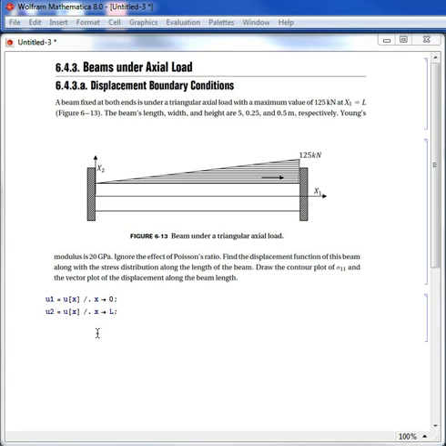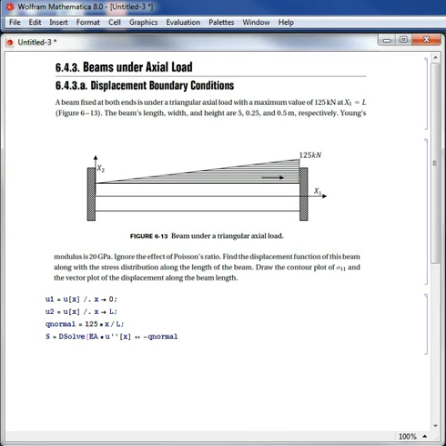The distributed load, I'll call it Q normal, is equal to 125 multiplied by x divided by L. I'm going to solve the differential equation. The differential equation is actually equal to EA multiplied by the second derivative of the displacement with respect to x, and this is equal to negative Q normal.